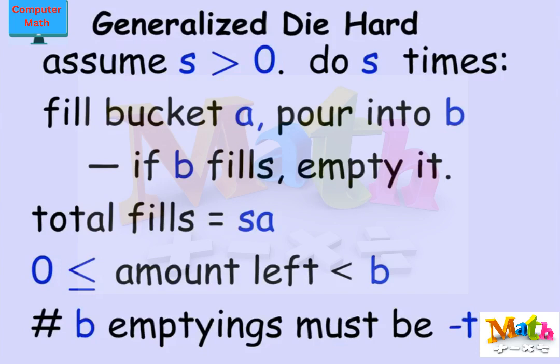There just isn't enough room for it. And if I had fewer than T emptyings, then the bucket would have an amount larger than B in it. So the only possible number of emptyings of B is minus T. Remember, T is negative, so minus T is a positive number. And that means that I've put in SA and taken out TB, and I'm left with exactly the linear combination SA minus TB.